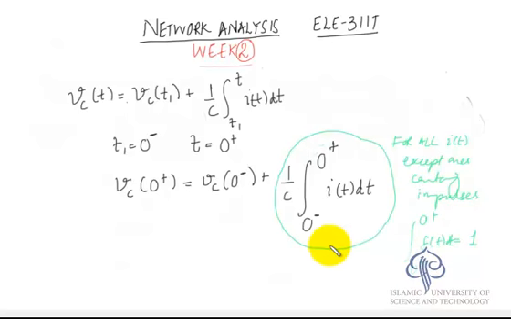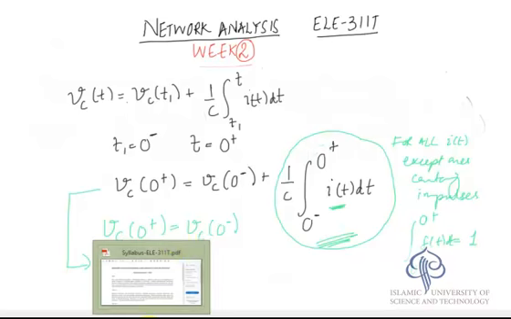So this integral is non-zero only if there is an impulse or a derivative of the impulse, which is not something we generally encounter. That is why in most cases Vc(0+) is going to be equal to Vc(0-). A similar derivation can be seen for the inductor also.